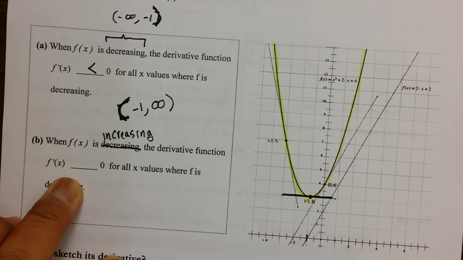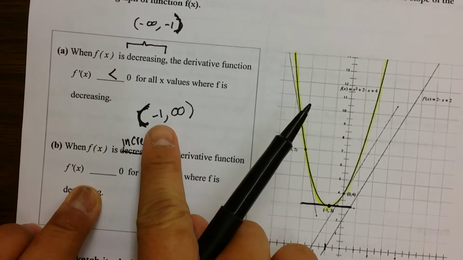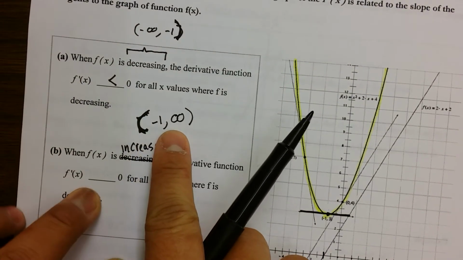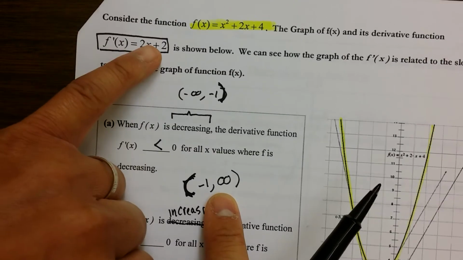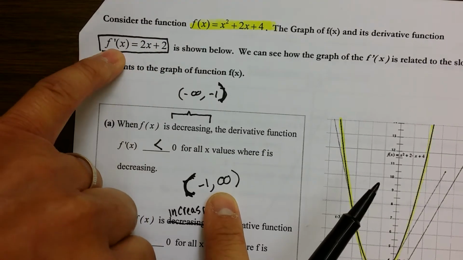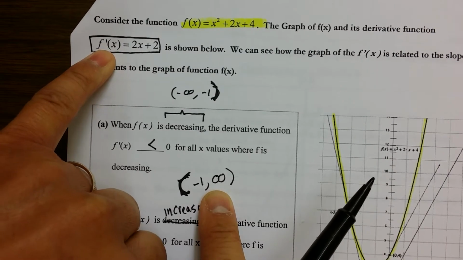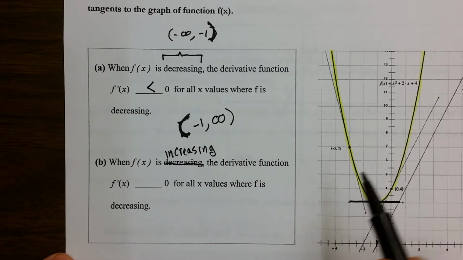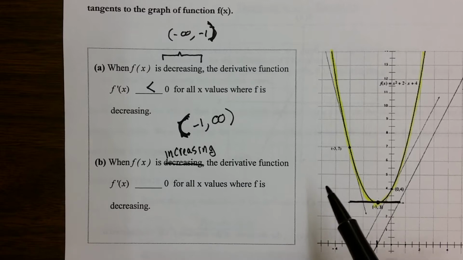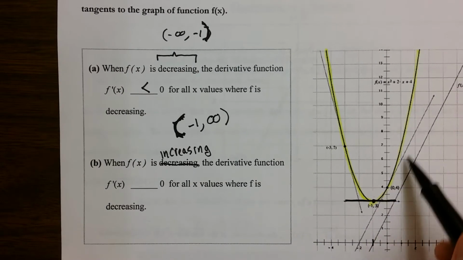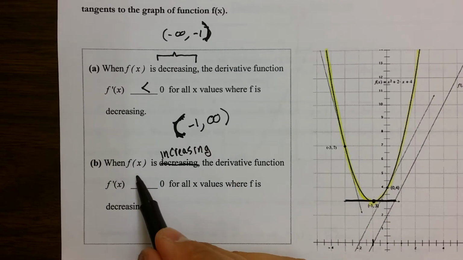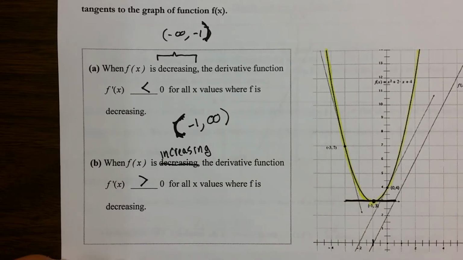Another way to look at it is if you take any numbers in this range and plug them into the derivative function, you're going to get a positive slope, because remember, this function spits out the slope. So we can conclude that when the function is increasing, the derivative will yield a positive number.